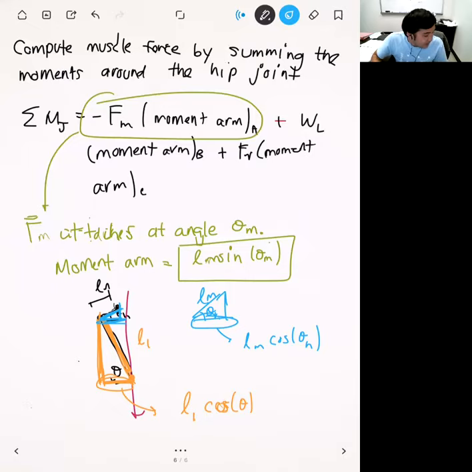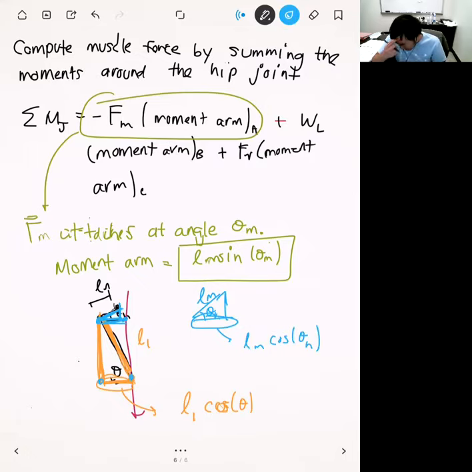All right, and so now that we have these quantities, we need to know what to do with them, because one of them is the distance between the line of action and the attachment point, and the other one is the distance between the attachment point and the actual joint.